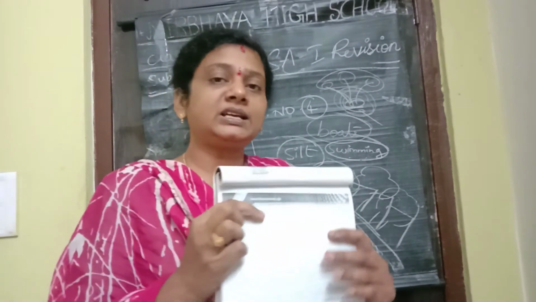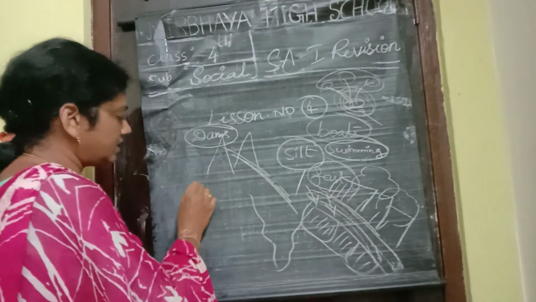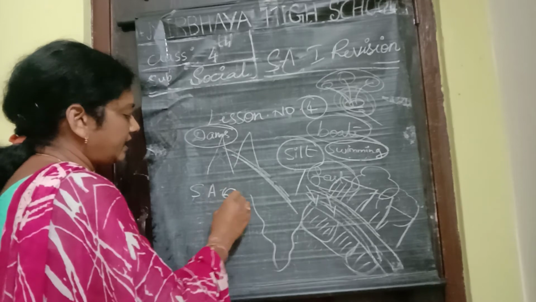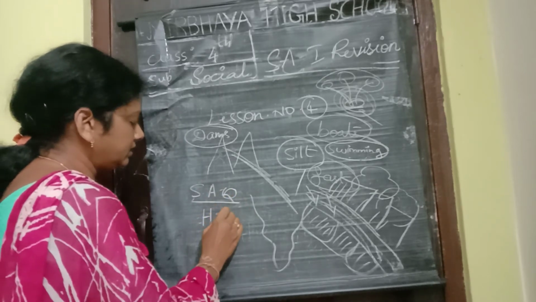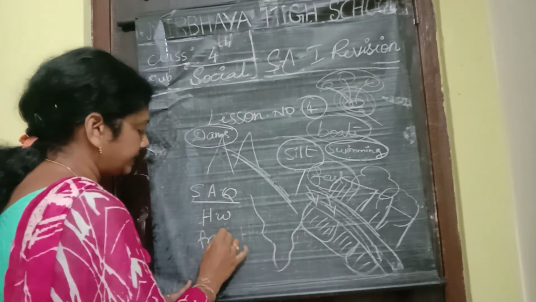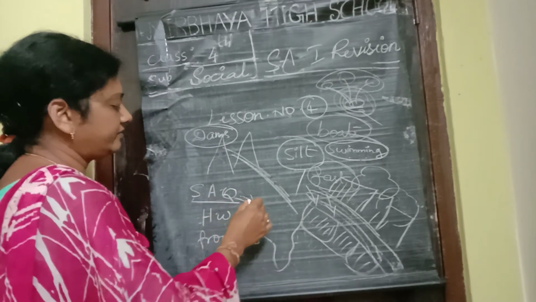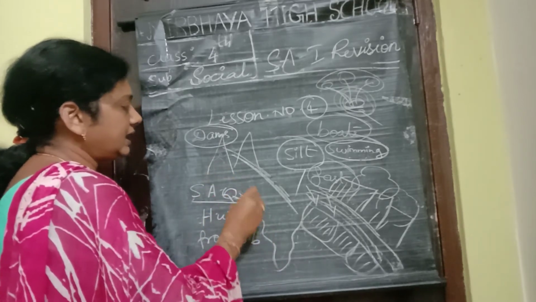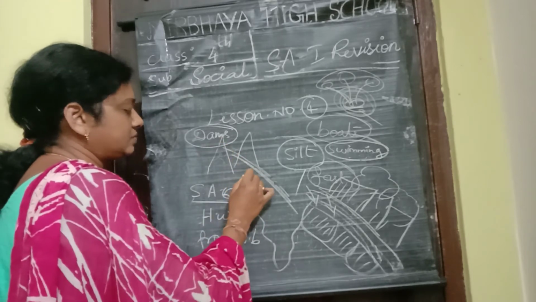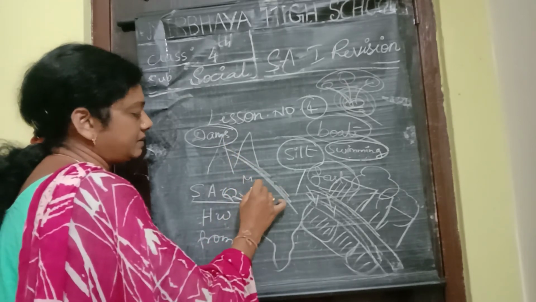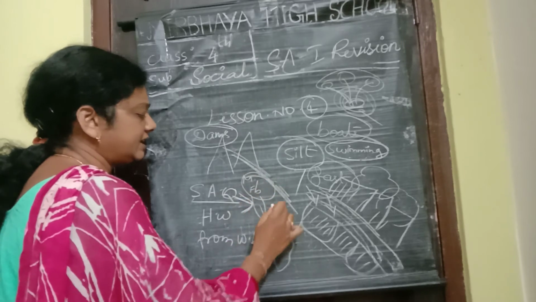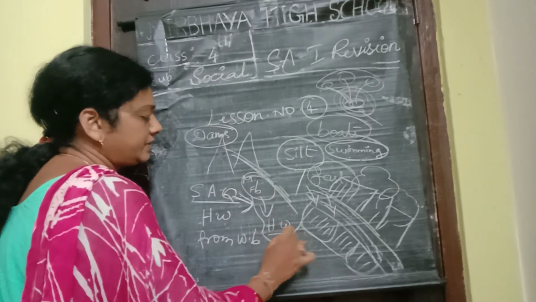Okay, and the short answer questions, children. All the short answer questions you have to write in the homework from the workbook. You have to practice all the question answers, whether multiple choice questions or fill in the blanks, everything should be there in the homework.